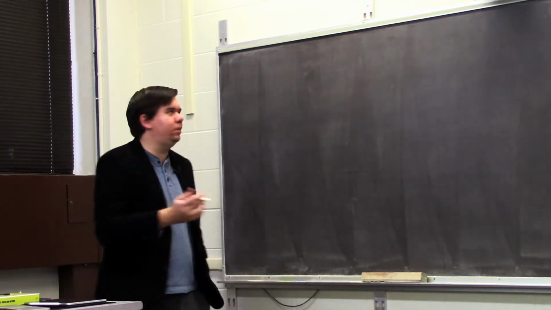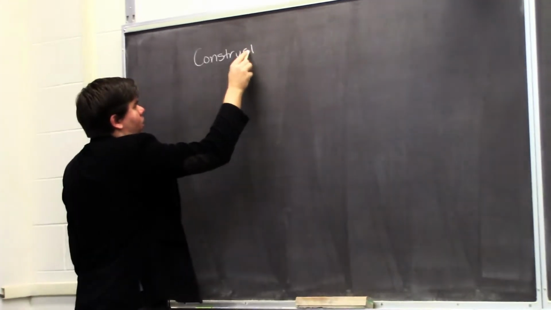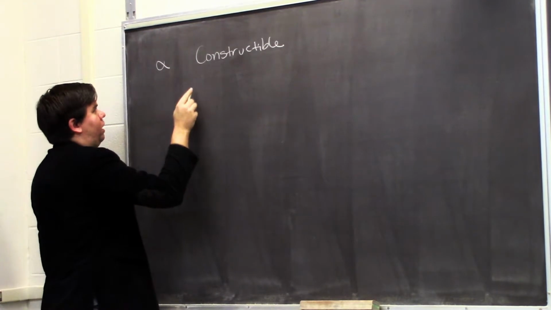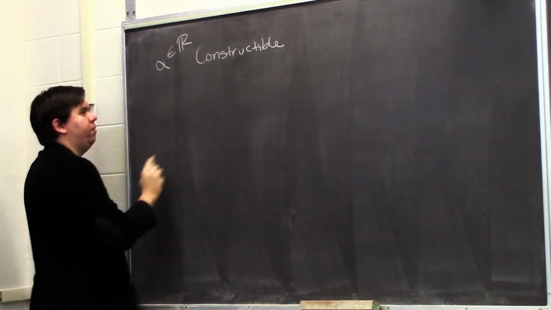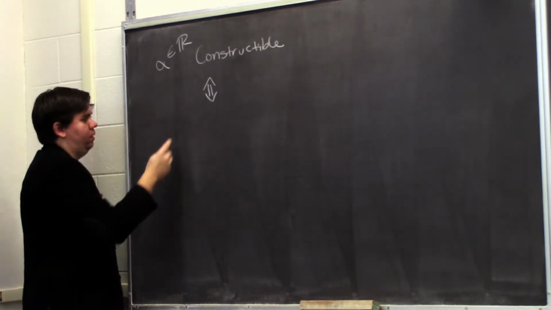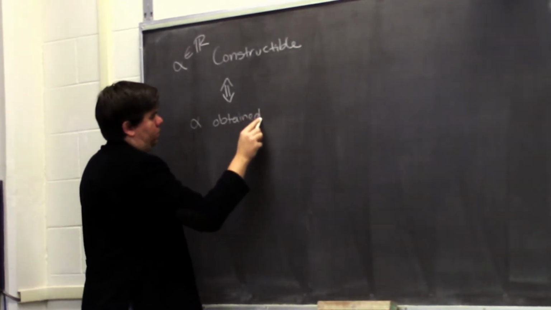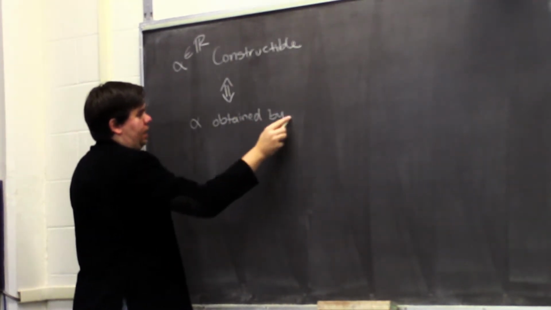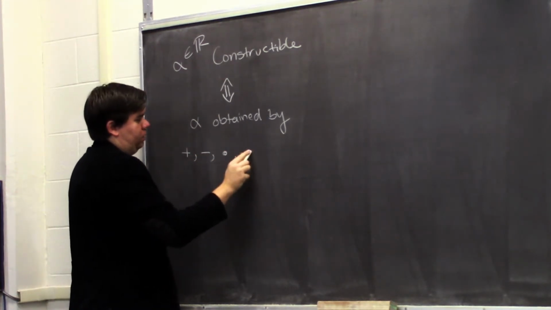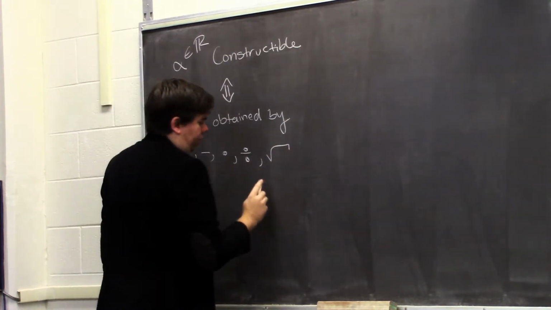So we're continuing our discussion of constructibility. Recall, we saw that a real number alpha is constructible precisely when you can obtain alpha by doing some combination of addition, subtraction, multiplication, division, and square roots from the unit.